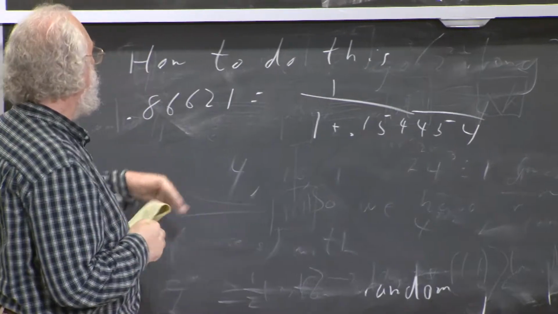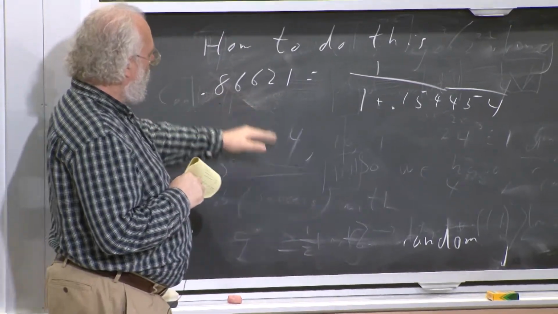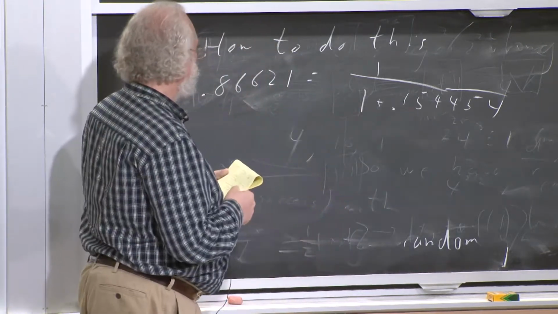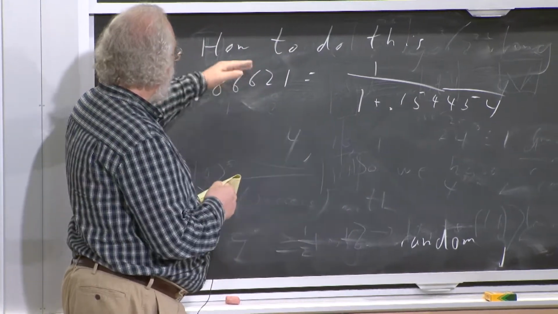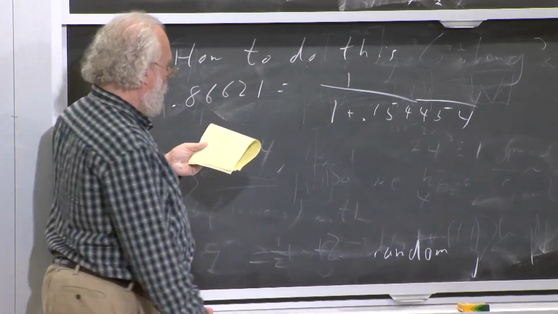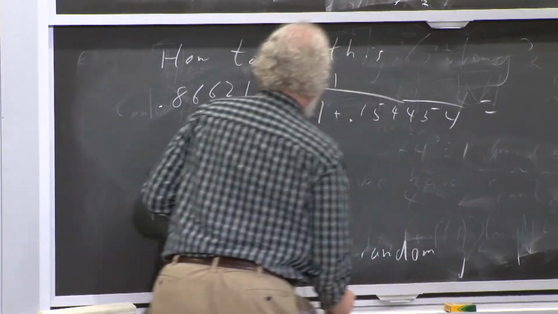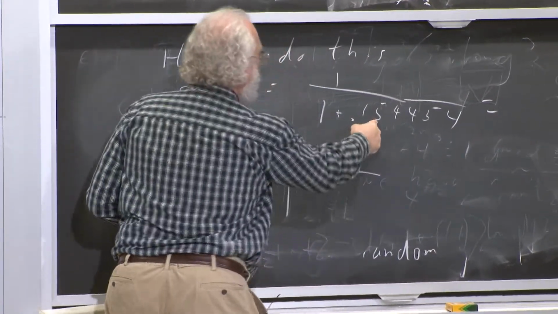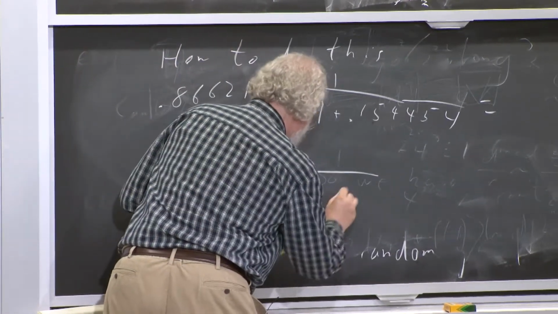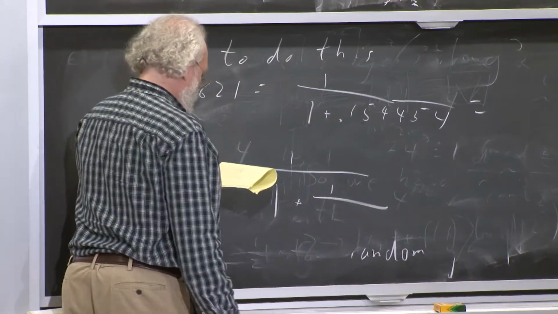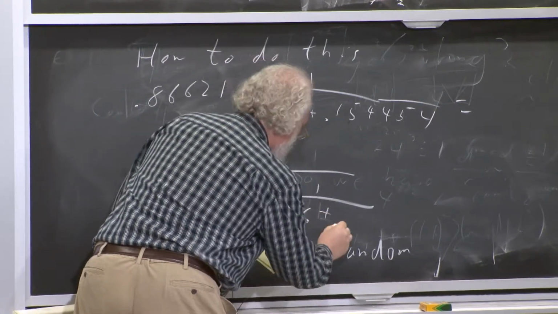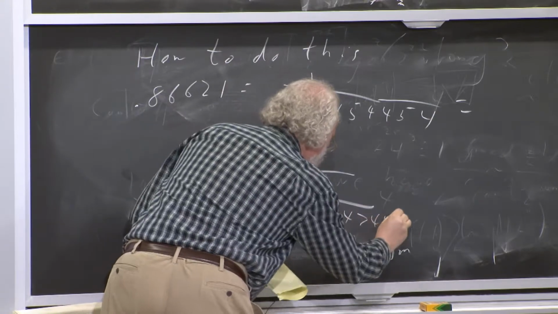So we divide 1 by this number, and we get 1 plus a remainder. So 1 over this is 1 plus 0.1546. Well, we're going to do the same thing. We take 1 and divide it by this number, and we get 6. 1 plus 1 over 6 plus 0.4744.